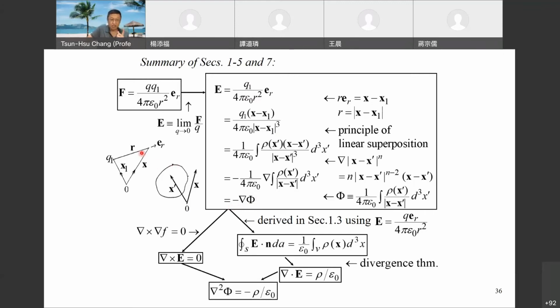Remember, just consider a source charge Q1, a test charge Q, and infinite space. So this is a special case. But luckily, this special case is correct for all the cases. Lucky.